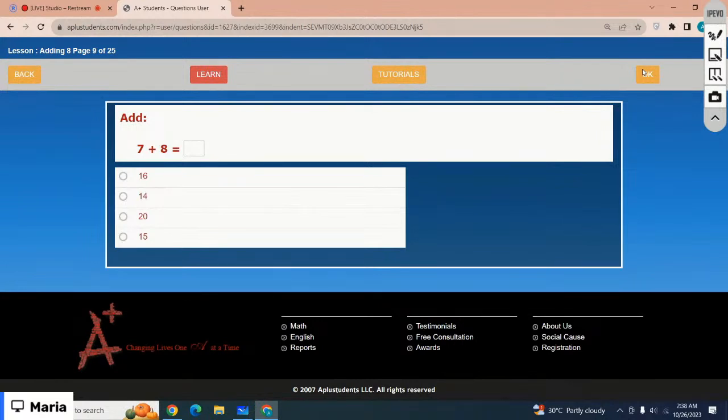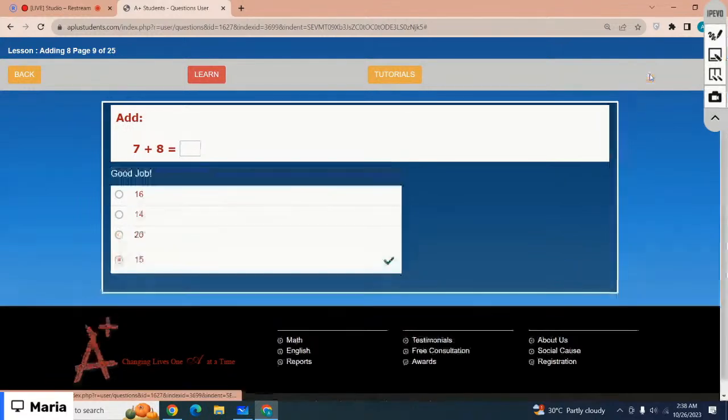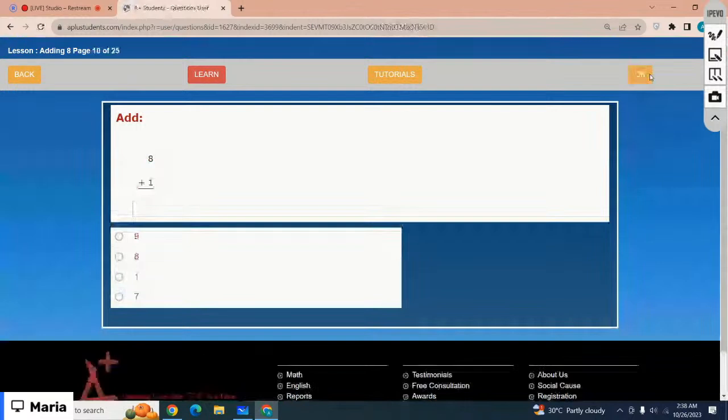Very good. 7 plus 8 equals 15. So the correct option is 15. Okay, the next one is 8 plus 1. So which is the correct option? Very good, that would be 9.